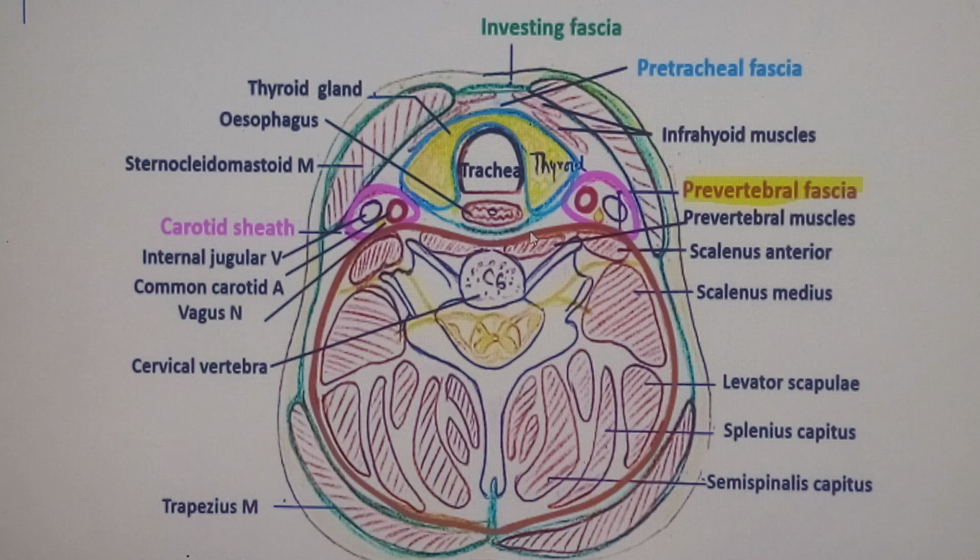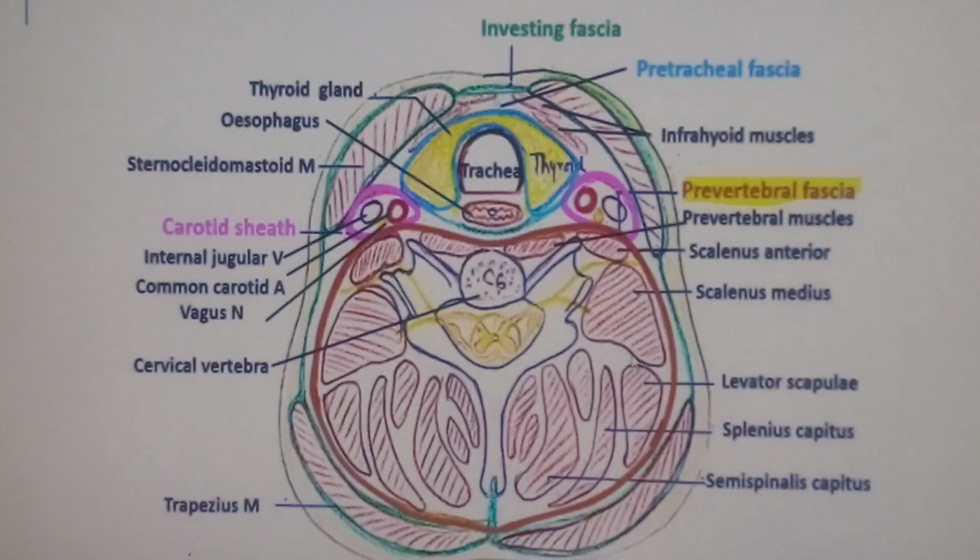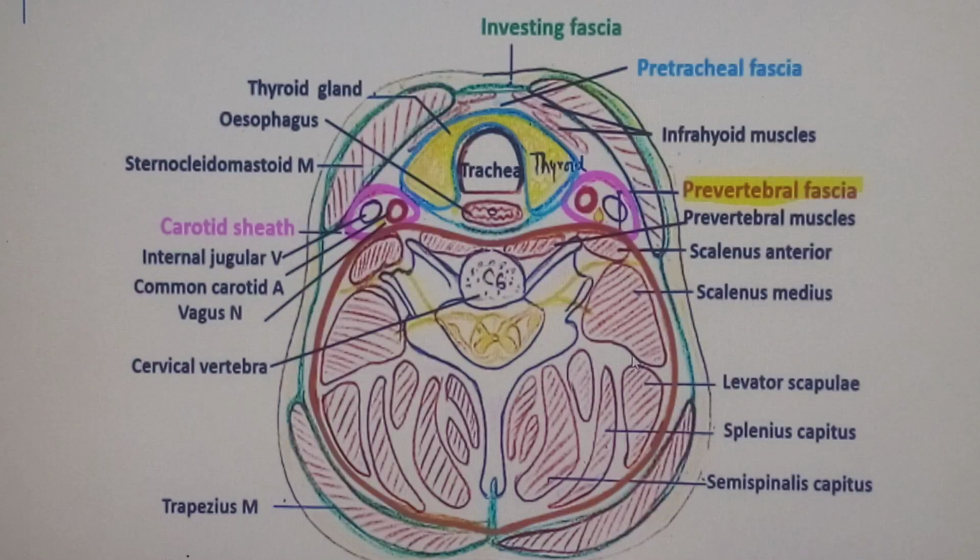If you look at that one again, my friends, the name is prevertebral fascia because it is not only enclosing the spine, but also the muscles related to the spine or the vertebral column. And what are these muscles? We are talking about the levator scapulae, splenius capitis, semispinalis, alongside the scalenus muscles: scalenus anterior, scalenus medius, scalenus posterior.